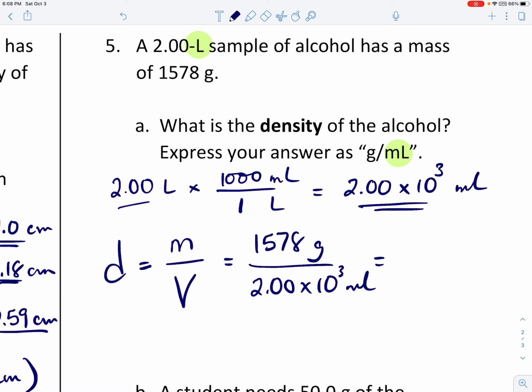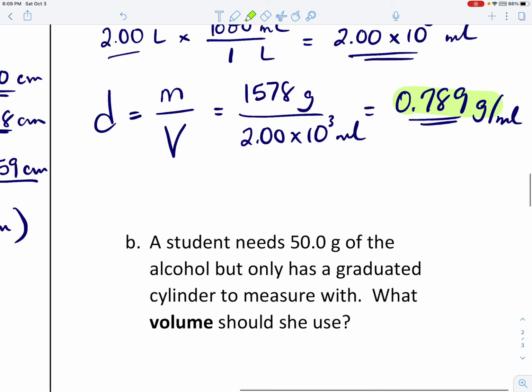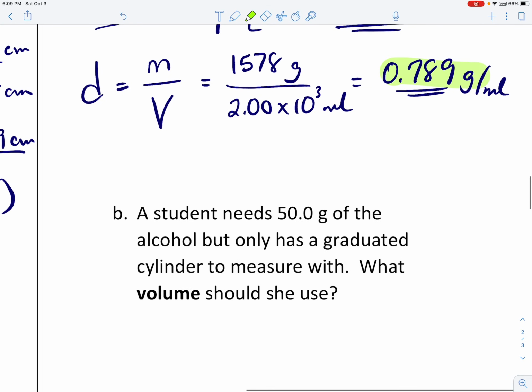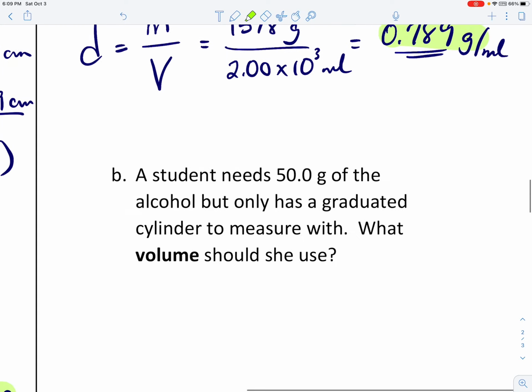Well, 3 digits. The mass has 4 digits, the volume has 3 significant digits, so we can only keep 3 digits. 0.789 grams per milliliter is my density.